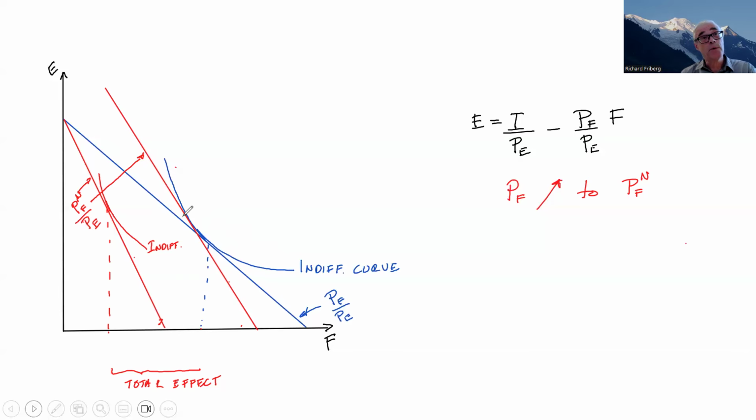And we're looking at the point where this individual is kept at her old indifference curve, but facing the new relative prices. What would be her optimal consumption? Well, it will be where this hypothetical budget constraint is tangent to her old indifference curve. And the difference in quantities between these two is the substitution effect.